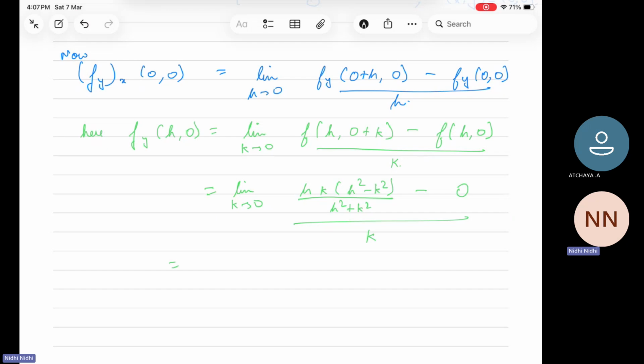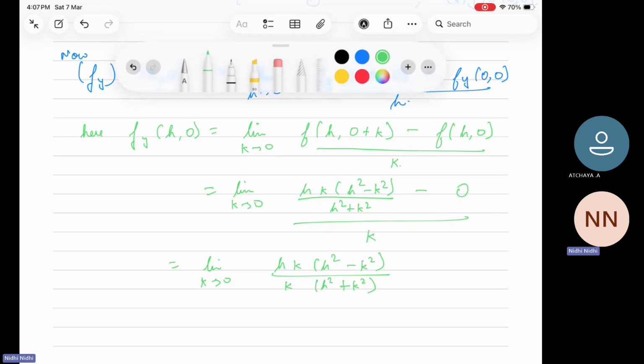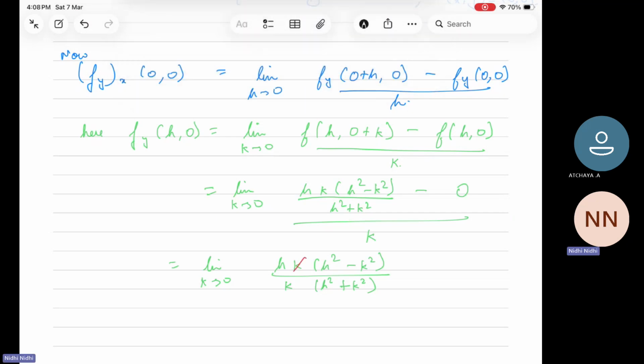So this is equal to limit k tending to 0 of hk (h square minus k square) upon k (h square plus k square). This k and k get cancelled out. So now taking k tending to 0, we will be left with h cube upon h square, which is just h.